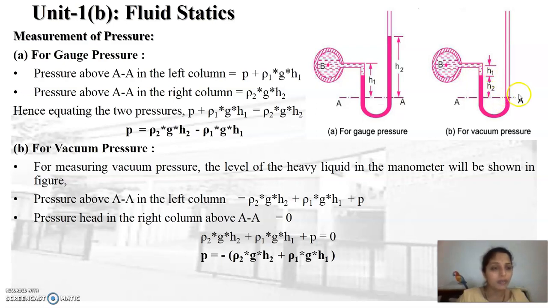And what is the pressure in the right limb? No liquid level is there above the datum line, so the pressure in the right limb will be 0. Now we calculate the pressure at point B, which, by arranging the terms, is minus ρ2gH2 minus ρ1gH1. So this equation indicates that the negative sign means it is a vacuum pressure.